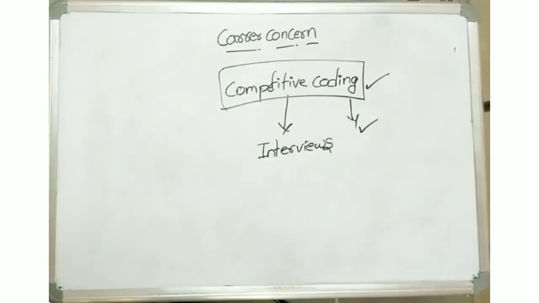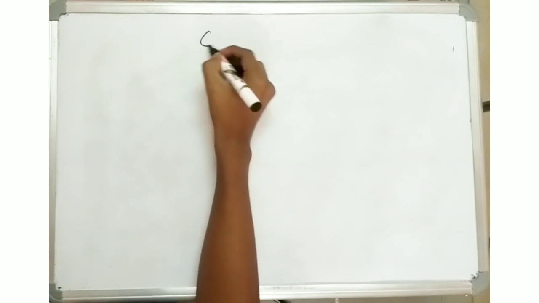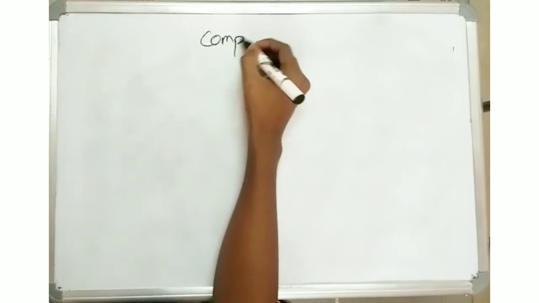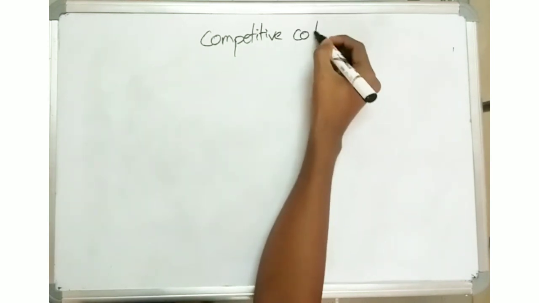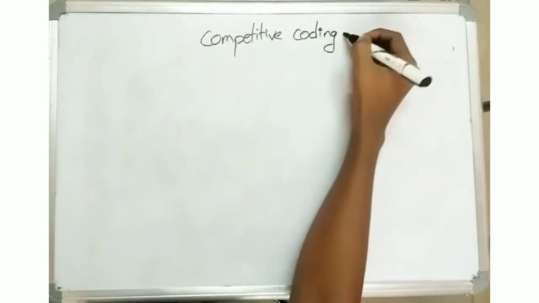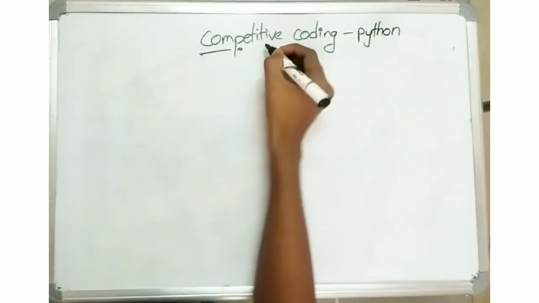So in this video we are going to practice how to increase our skills to perform well in competitive coding. For this video we are going to use the Python language for competitive coding. Competitive coding through Python. Why did we choose Python?